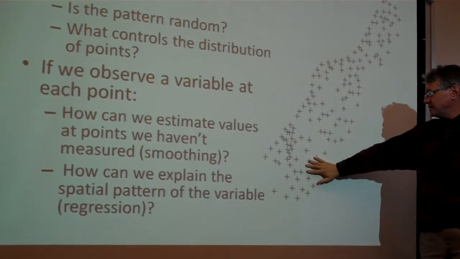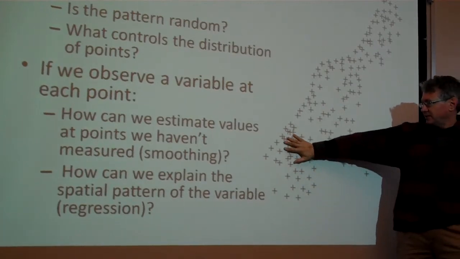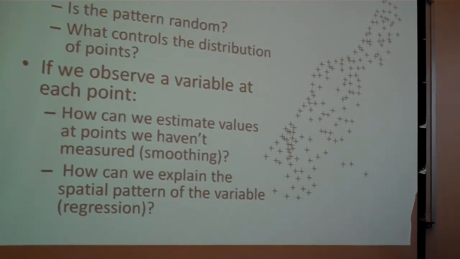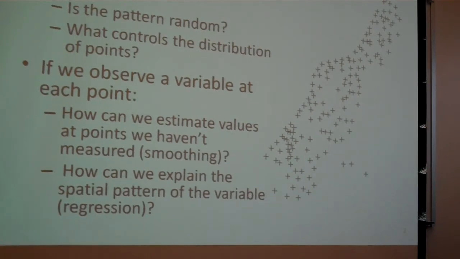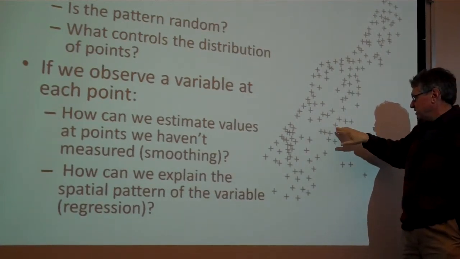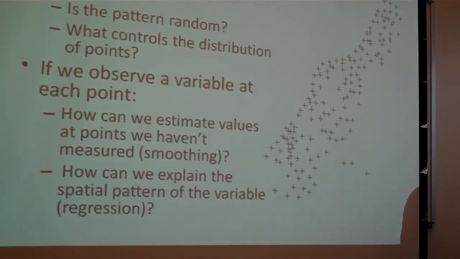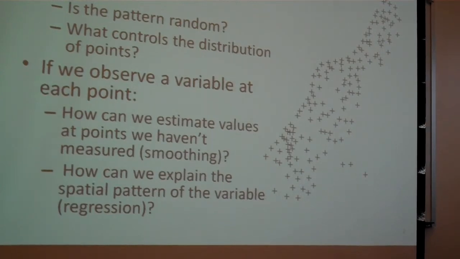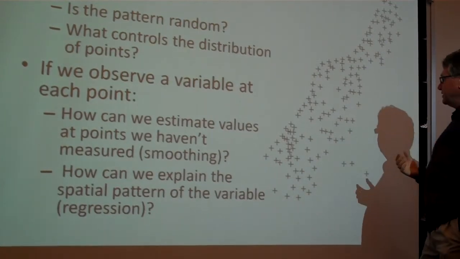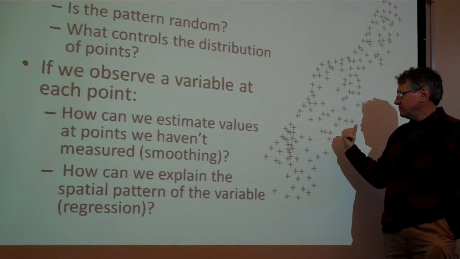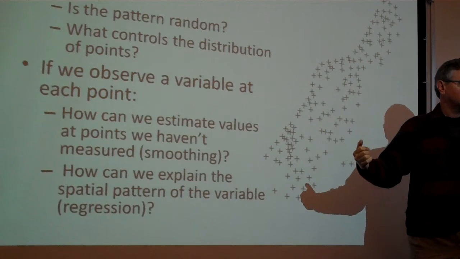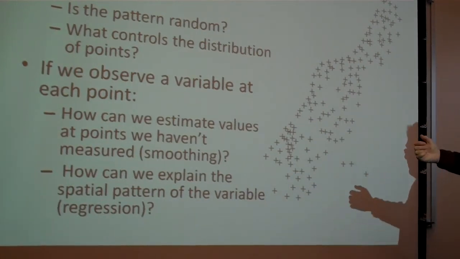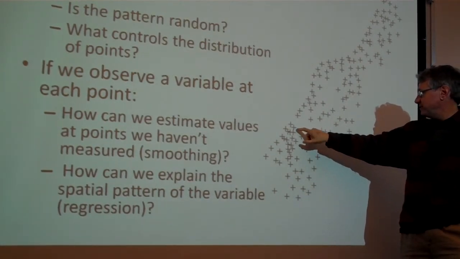Another possibility for a set of data like this is that these aren't actually occurrences of something of interest. These are actually sample locations. Okay, so we've gone out into the environment and for one reason or another chosen each of these spots to take a sample of something, to measure something. And then we can ask, well, suppose we're measuring something about soil chemistry, and we have measurements here, here, here, and here.